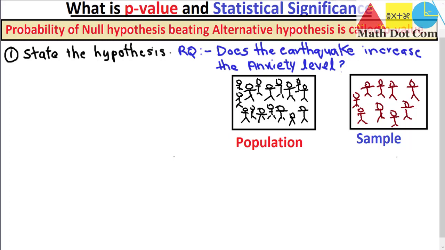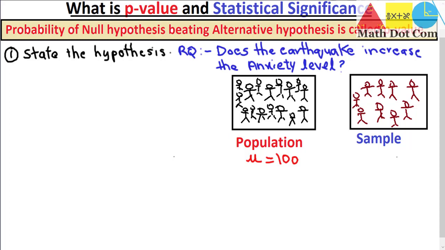The first one is the diagram of the population and the second is of the sample. Let's assume that the mean anxiety level of the population is equal to 100. My research question is, does the earthquake increase the anxiety level? It means the earthquake increases the anxiety level, and I have to check that through my research.